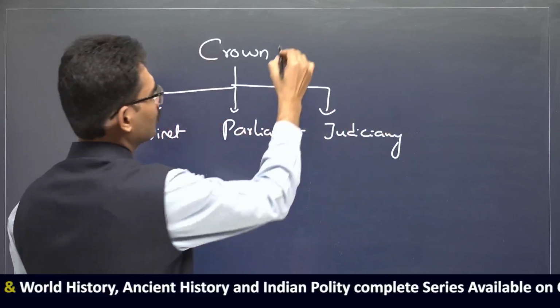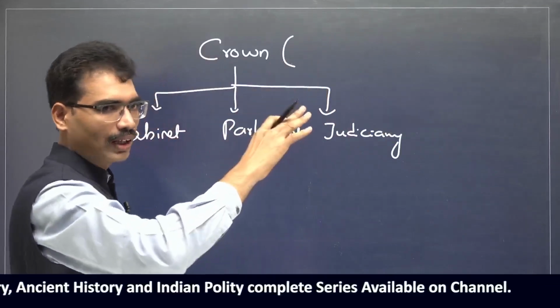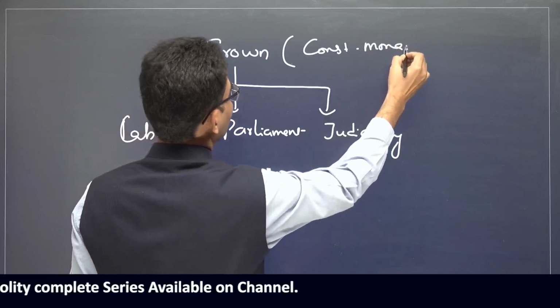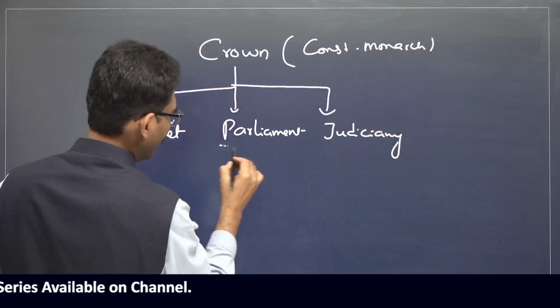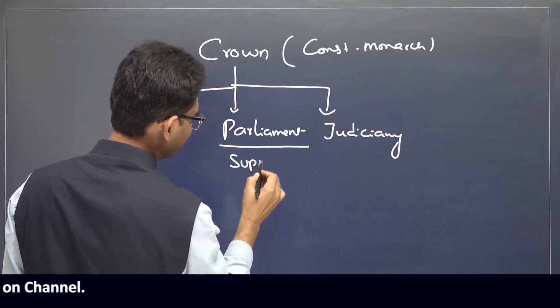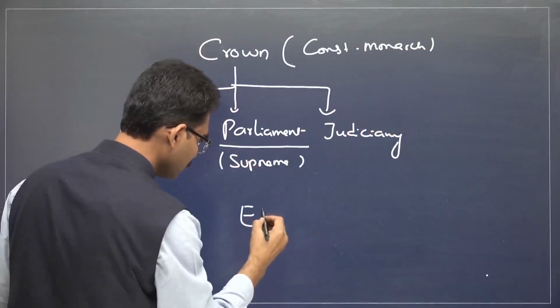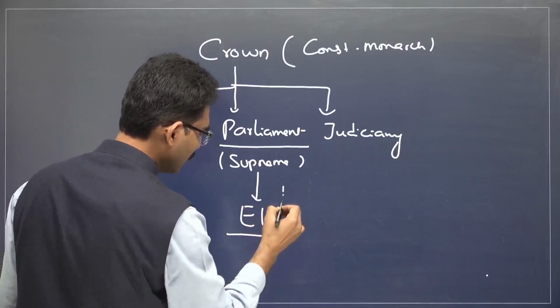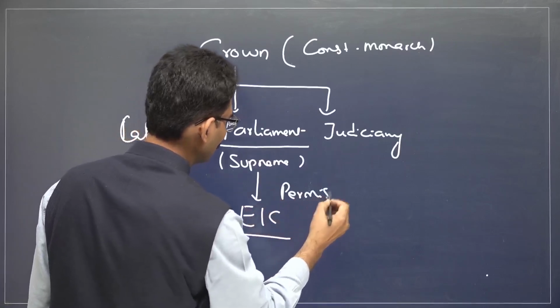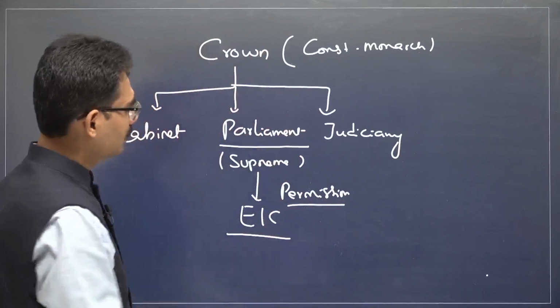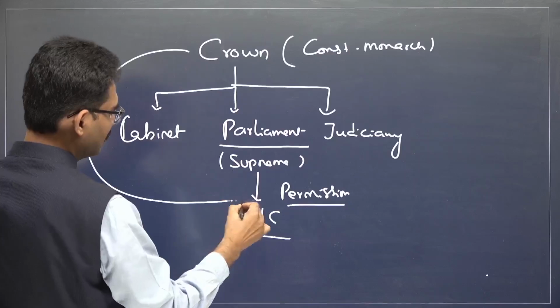When it comes to the crown, it is not an absolute monarch, it is a constitutional monarch. Constitutional monarch means parliament is supreme. East India Company is getting permission through charter, through the crown as well as parliament. They have this mechanism.